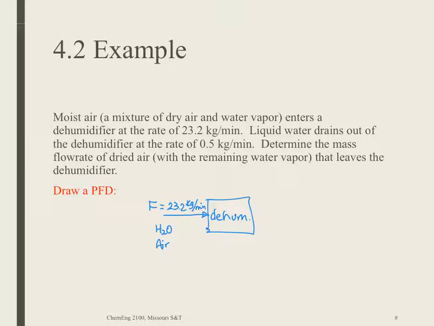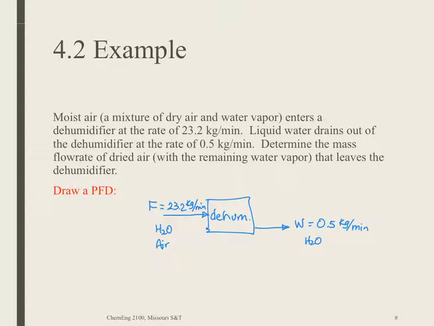We're next going to have the product that leaves. Now, I know I have one stream that is the liquid water. I'll just call that W for liquid water. And that flows at the rate of 0.5 kilograms per minute. And it contains H2O only. And then I also am going to have the rest of the air, right?